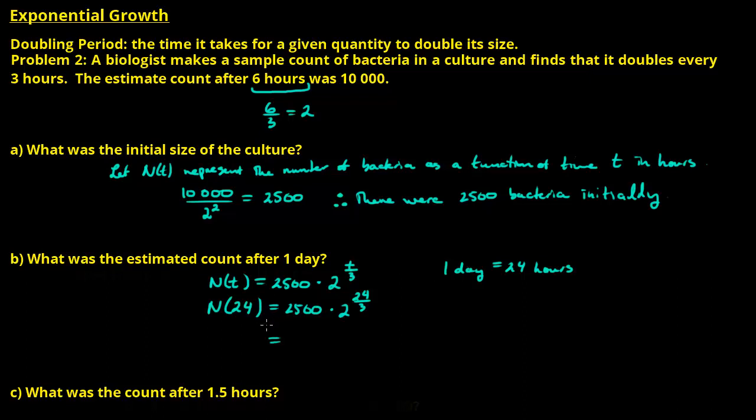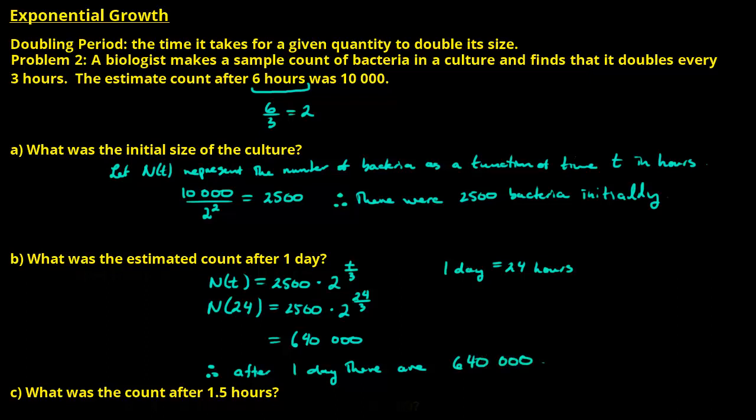If you calculate this, you get 640,000. So therefore, after 1 day, there are 640,000 bacteria.